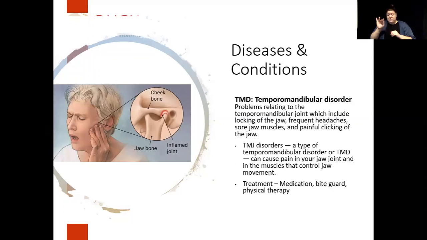This is where people sometimes have locked jaw, or they clench their jaws, or there's inflammation of the jaw bone where it meets the skull bones, and that tension creates painful headaches, or you may have clicking at the point where your jaw comes together. There are treatments for that: medication such as muscle relaxers, a bite guard through your dentist, or physical therapy.